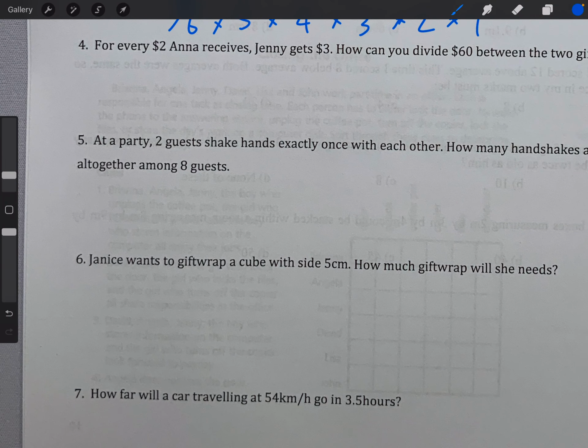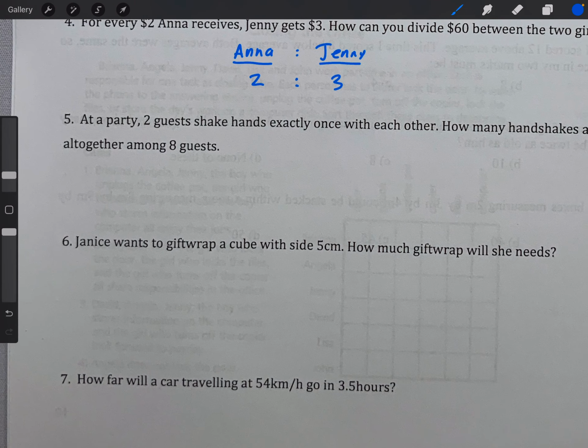For every $2 Anna receives, Jenny gets $3. So this is ratios, okay? You've got Anna and Jenny, and you think of them in terms of ratio. Anna has 2, Jenny has 3. How can you divide $60 between the 2 girls? Think of the ratios as cups. You've got 2 cups and you've got 3 cups.